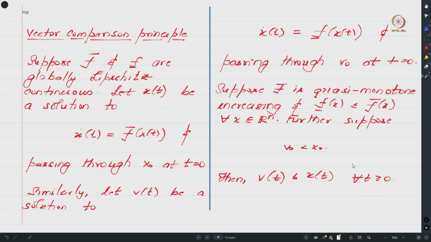So let me again repeat what this says. If your f upper bar and f lower bar are such that f lower bar is less than f upper bar and your f upper bar is quasi monotone, then if you take a solution trajectory of this ODE and a solution trajectory of this ODE starting from v0 and x0 respectively such that v0 is strictly less than x0, then v of t and x of t will also satisfy this inequality for all t bigger than or equal to 0.